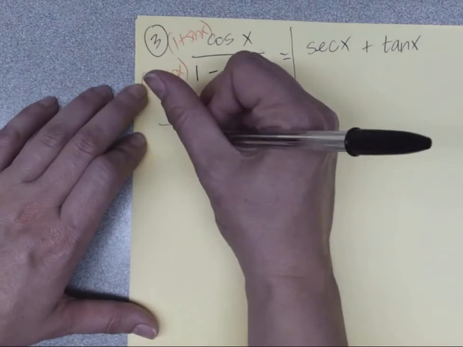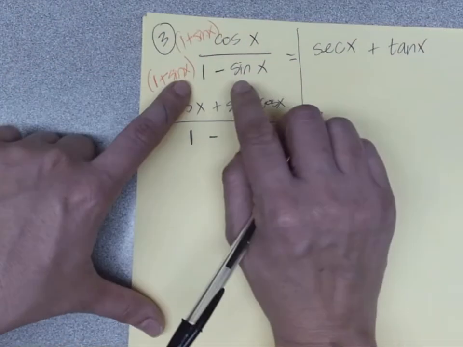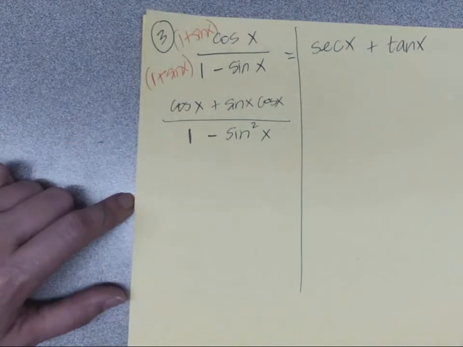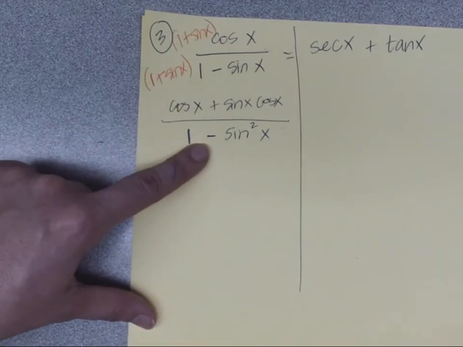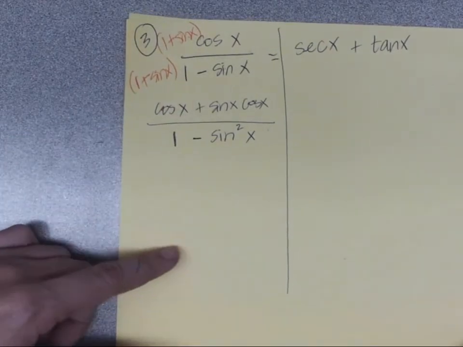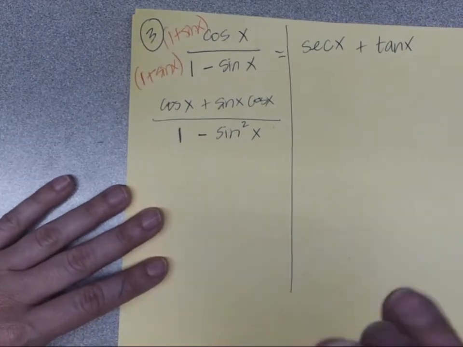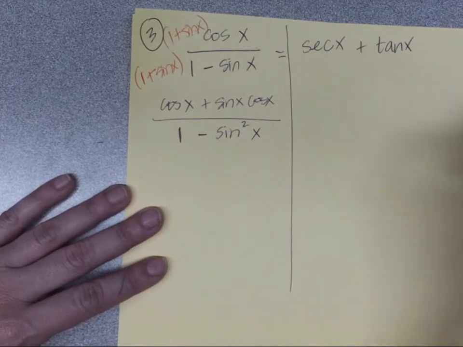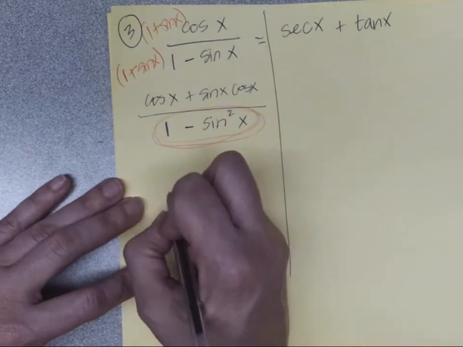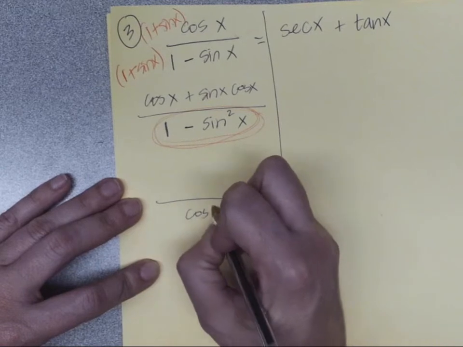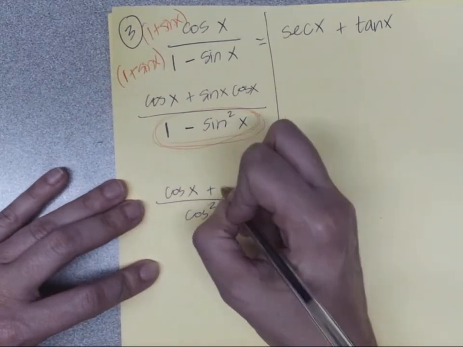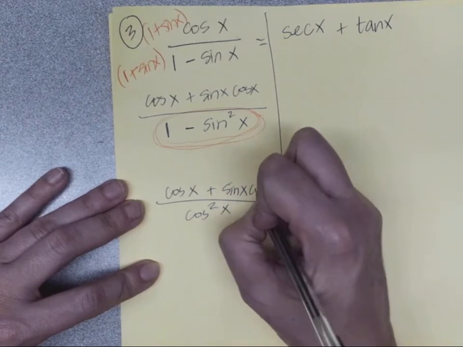So 1 squared would be 1, minus sine squared x. If that doesn't come naturally to you, you could go ahead and FOIL or distribute, however you want to think about it. From here, this is a Pythagorean identity. 1 minus sine squared of x is the same thing as cosine squared x. And on the top, we still have cosine x plus sine x cosine x.